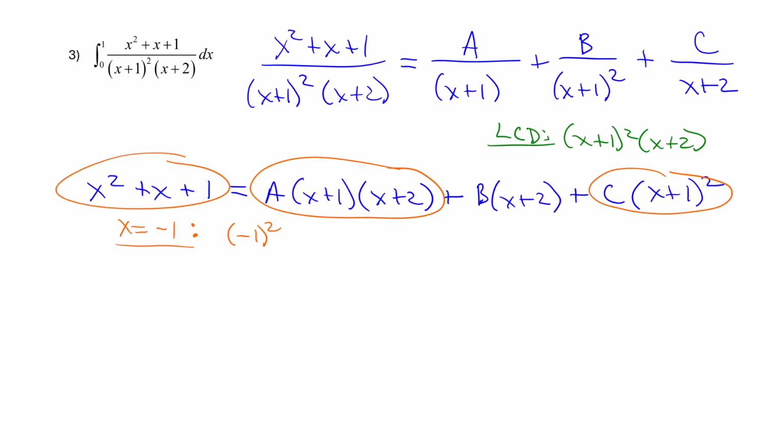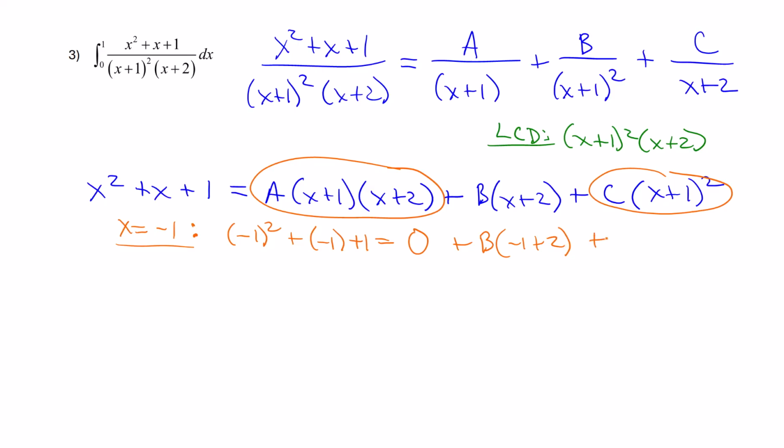So if I had x equal to -1, my entire equation would turn into the following. I'm going to start all the way with the left side: -1 squared plus -1 plus 1. That's just the left side of our equation. And that now equals the right side, but the first term, as mentioned, will drop out to a 0. Then we'll have plus b times, in its parentheses, if x is -1, it'd be -1 plus 2, because it was just x plus 2.